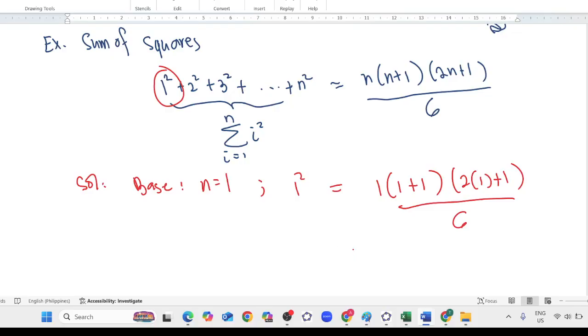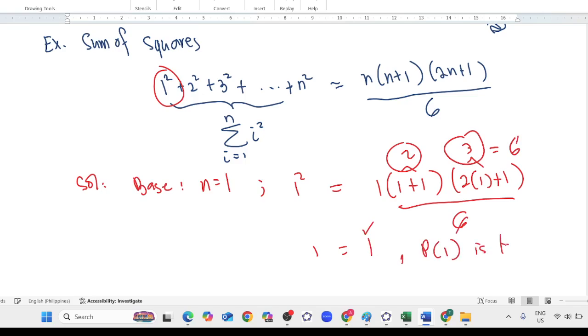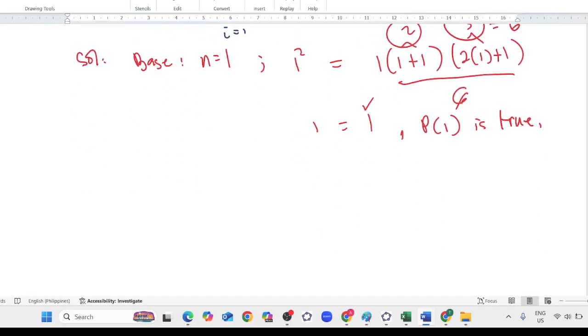This 1 becomes 2, this becomes 3. So 2 times 3, that is 6. So 6 cancels, that is 1. So that's solved, our P of 1 is true. So let's proceed to the hypothesis.